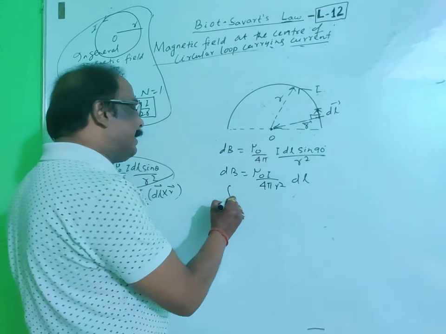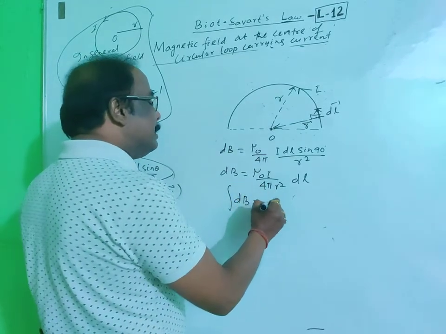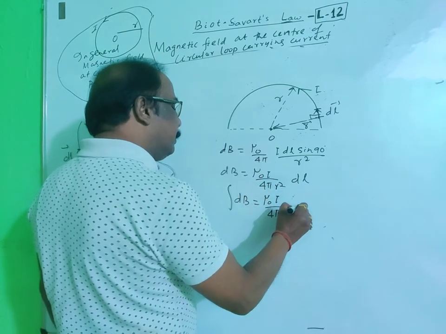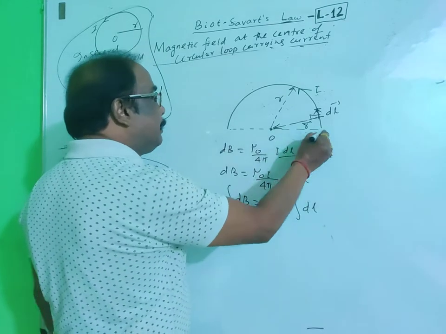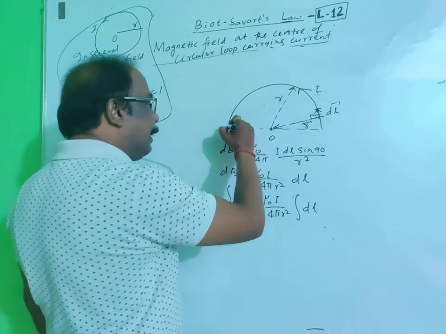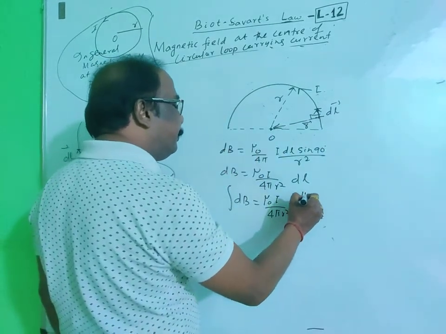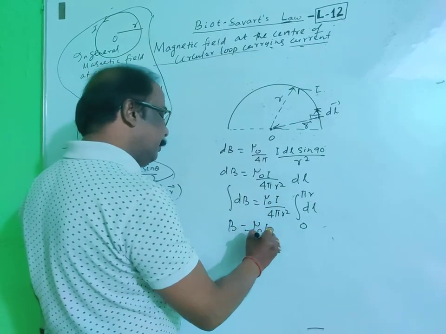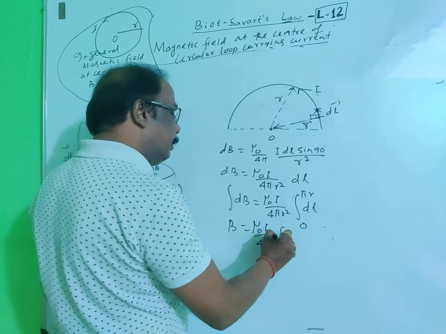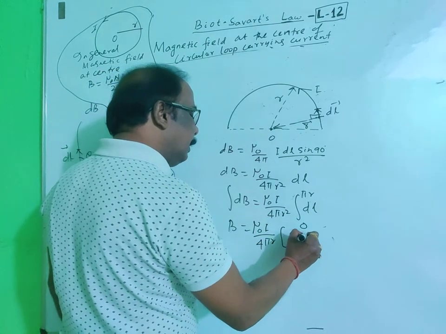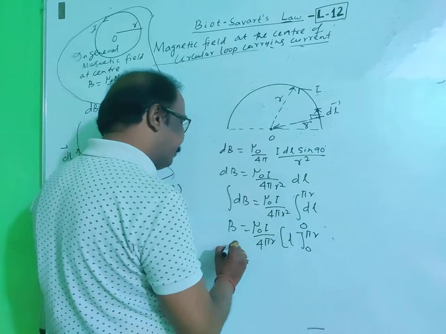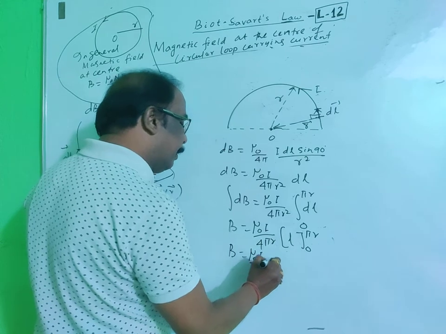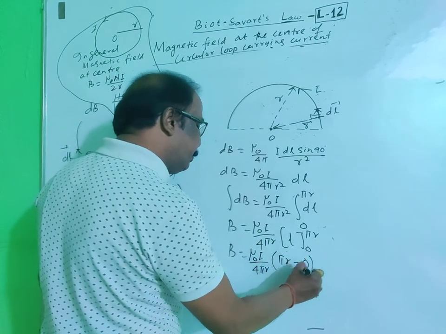Then to get the total magnetic field, let's integrate both sides. dB is equal to mu naught I by 4 pi r square integration of dl, and length varies from 0 to the total length of the semicircle, 0 to pi r. Integration of dl is L, so B is equal to mu naught I divided by 4 pi r square into pi r minus 0.